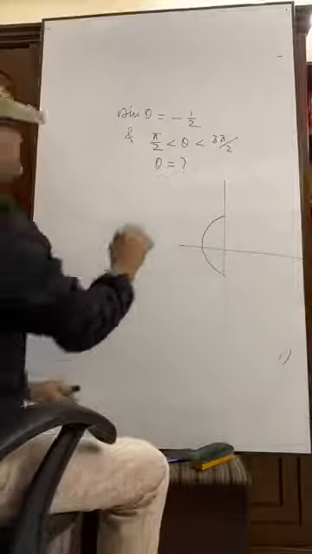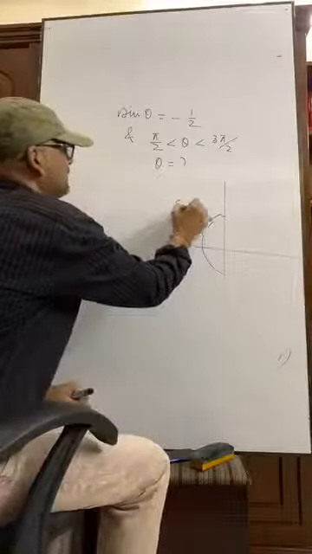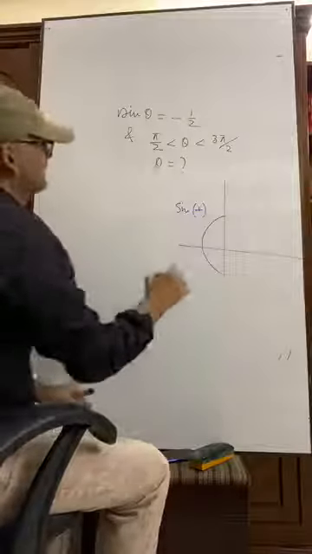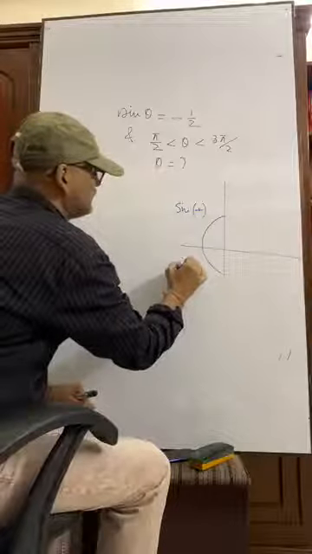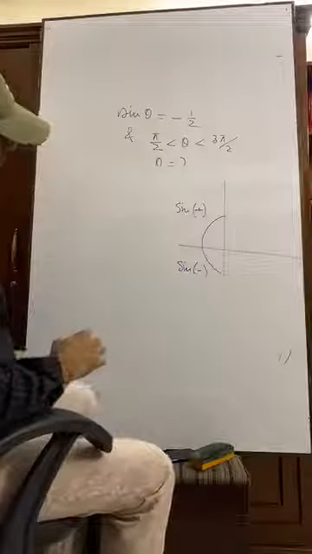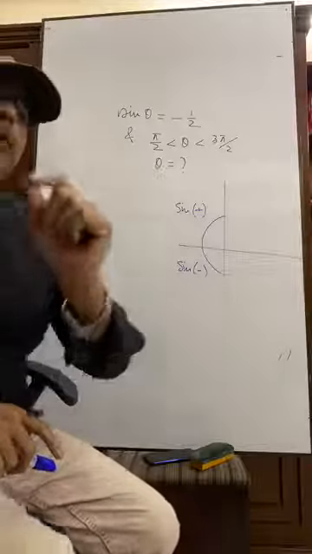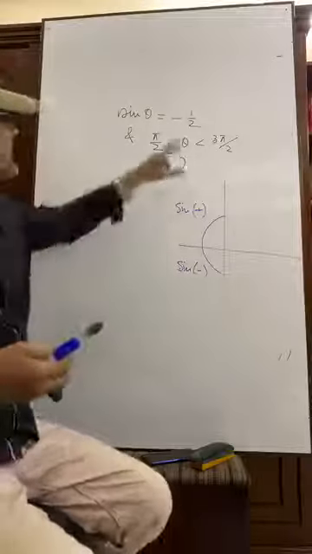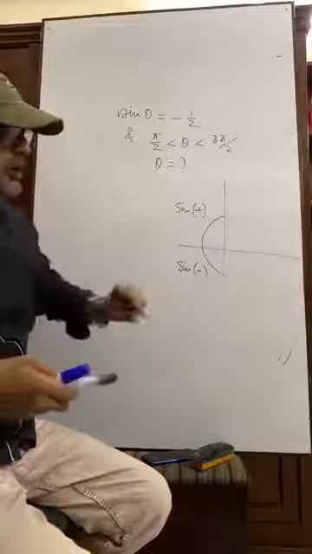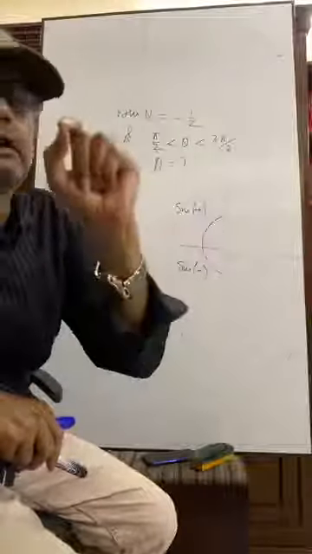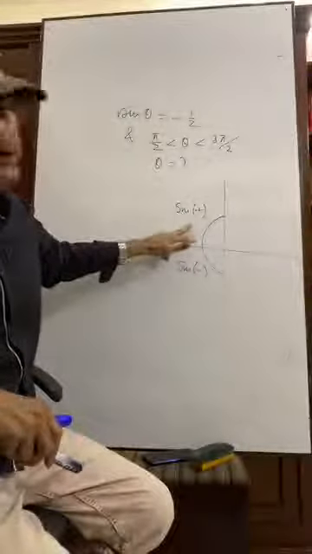But sin theta is positive here, and here sin theta is negative. Then how many angles will we get? Only one angle. As it is negative, it is negative. So our angle lies in the third quadrant. Okay, not in the second quadrant.